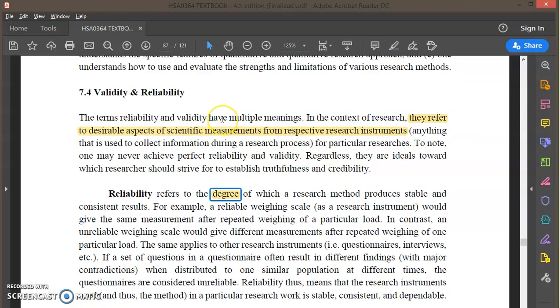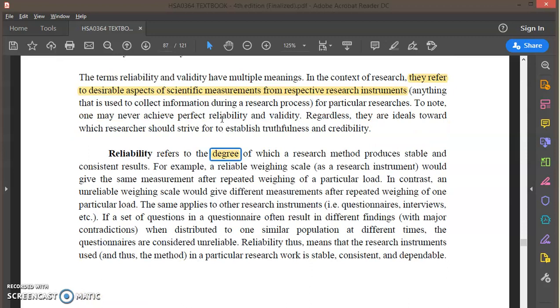Right? It's important to understand whether research is reliable or can be reliable, or whether or not a research is actually valid, or the instrument of the research conducted is actually valid. So let's look at reliability first. Reliability refers to the degree of which a research method produces stable and consistent results.